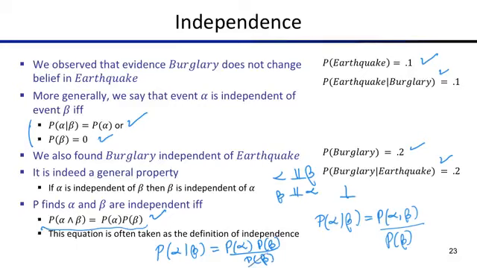And we can cancel out these two, so the probability of alpha given beta is equal to the probability of alpha. So we are just showing that this property is true if we have this definition of independence. And we can show also the other way around.